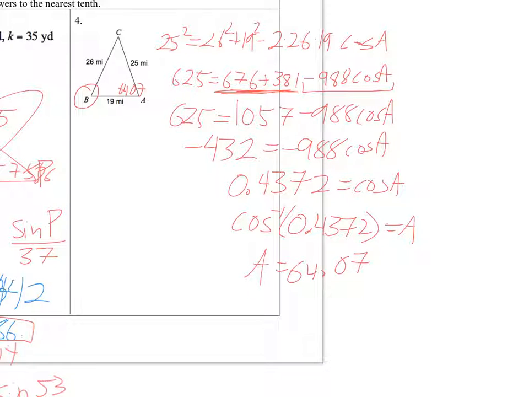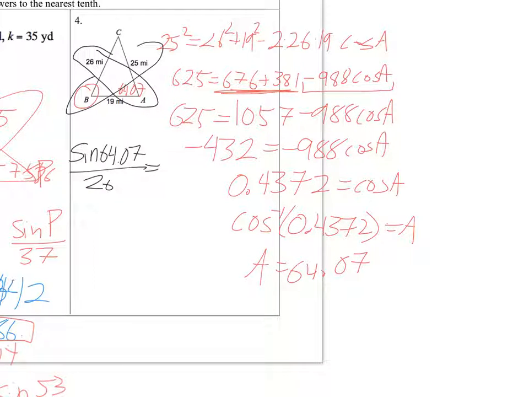One of the things that we can do with this now that we have an angle is now apply the law of sines, which might be a little bit faster. So we do that as sine of 64.07 over 26 is equal to sine of B over 25.